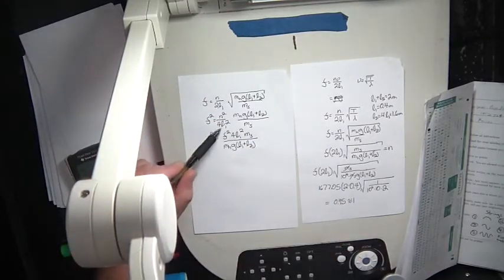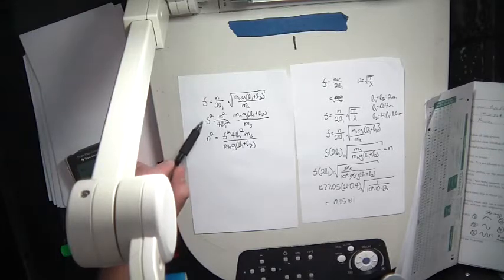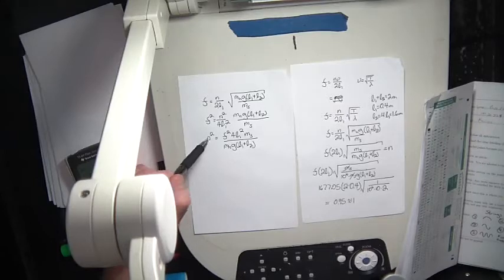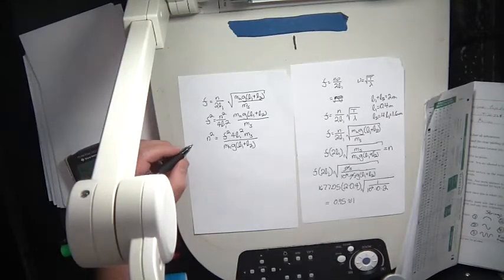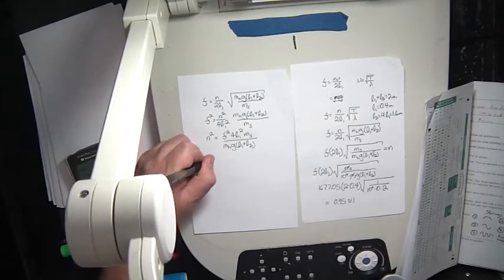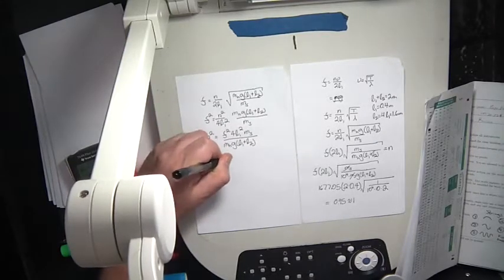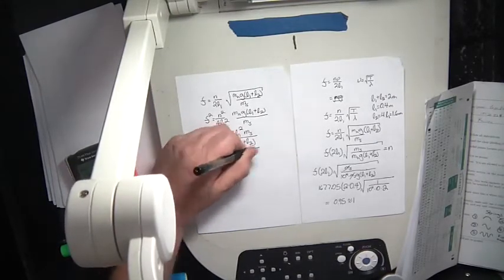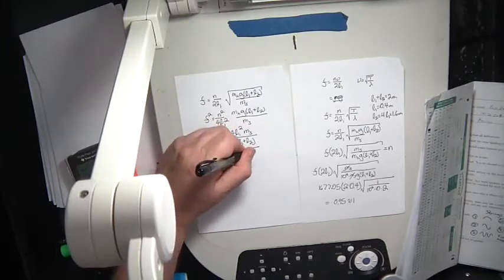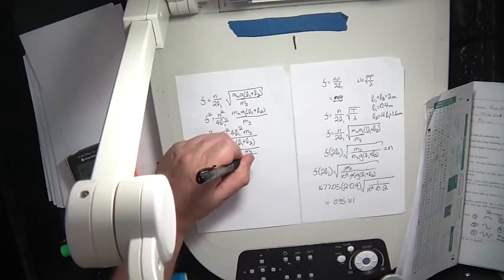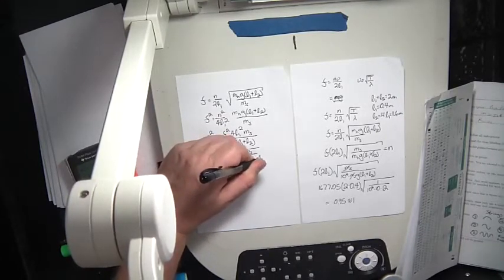Let me see, I get this: 4L squared MS comes up, MHG L1 plus L2 comes down. And really we get the same thing, 2L1 F times the square root of MS over MHG L1 plus L2.